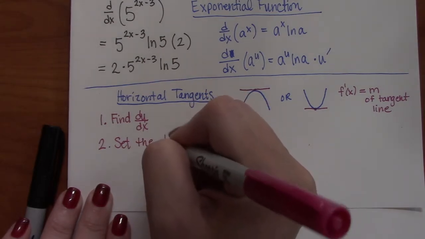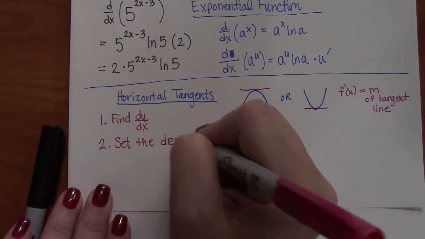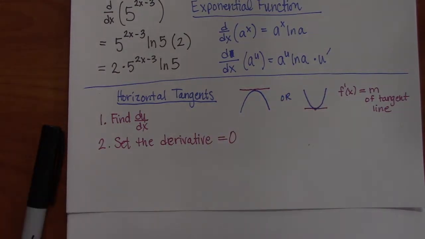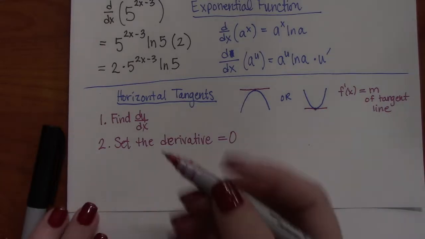We set the derivative equal to 0. So if we know that the derivative is the slope, what we're trying to find is where does this function have slope 0? Where is the derivative equal to 0? So then we solve for x.